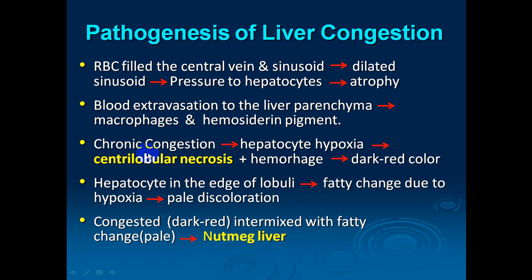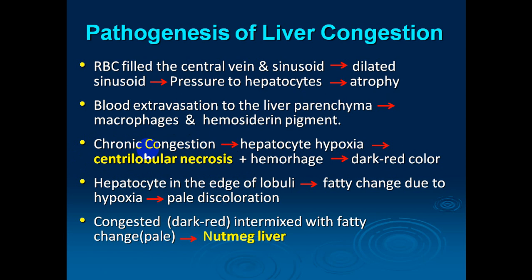If there is chronic congestion, these dilated blood vessels will put pressure on the surrounding tissue, and it also makes the oxygen concentration low because there is so much carbon dioxide in the tissue. There will be hypoxia, and hypoxia will lead to degeneration and then necrosis. The necrosis will be centrilobular necrosis.